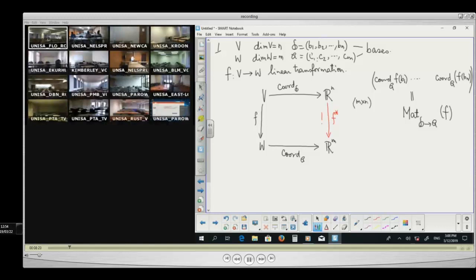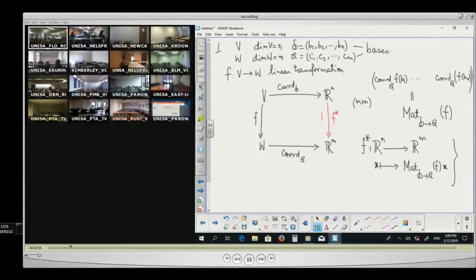Okay? And what was F star? F star from Rn to Rm was given by, you take n tuple, you multiply it by this matrix. So that is your linear transformation.